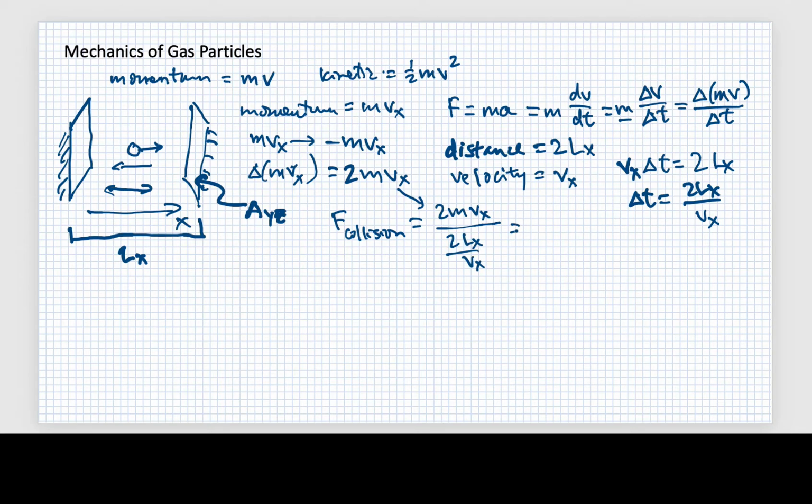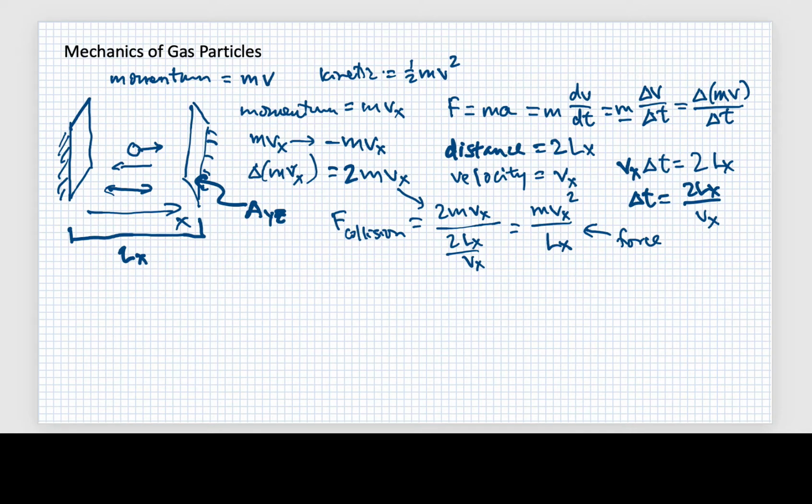So when I flip this around, it's going to be mvx squared divided by Lx. This tells us something about the force that each collision of that particle with the wall is going to exert.